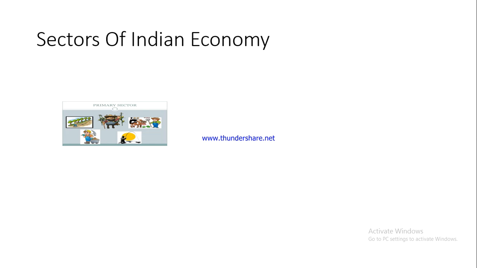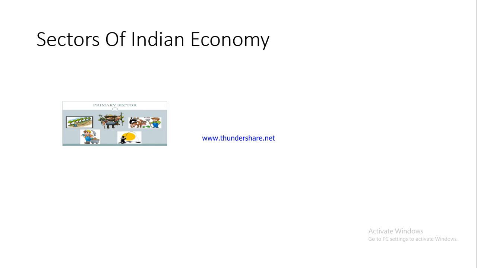Then you see bottom left, there is mining taking place, and then somebody is fishing also. So these all activities are basically included in the primary sector. Many a times we term these activities as agriculture and allied activities.